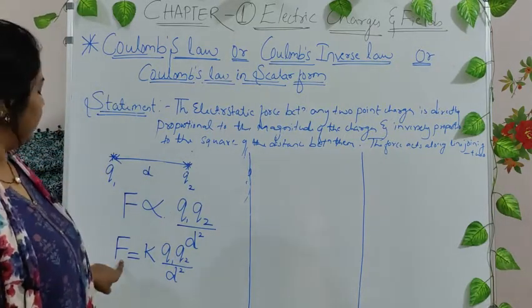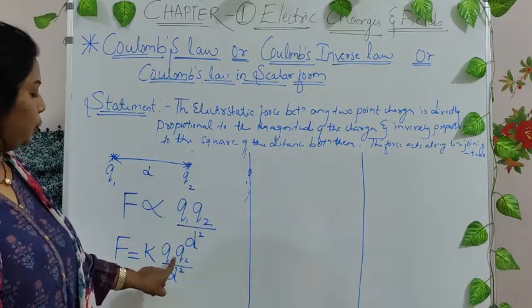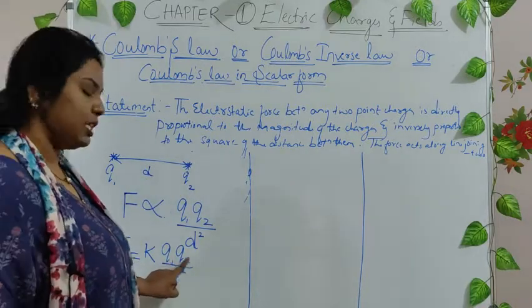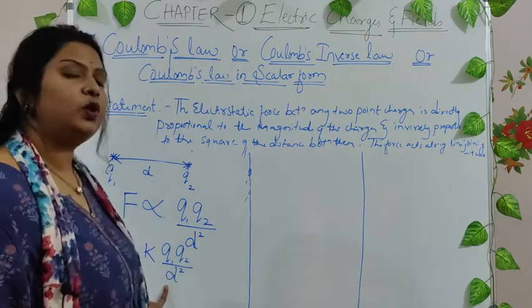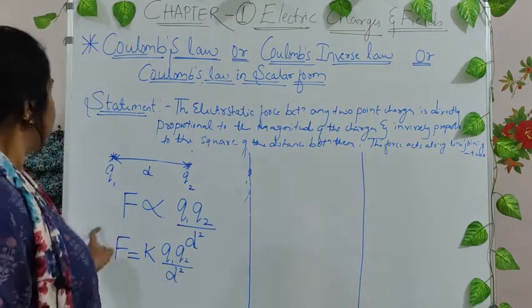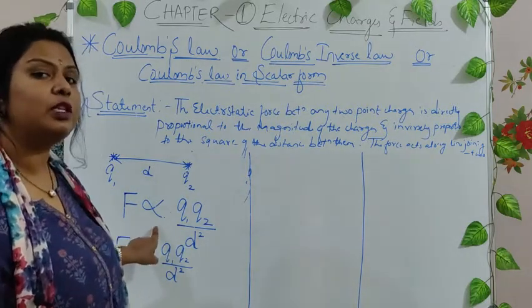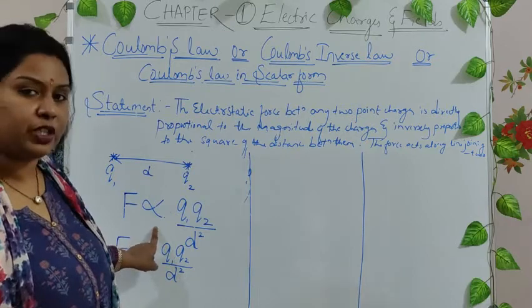The electrostatic force between any two charges is directly proportional to the magnitude of the charges and inversely proportional to the square of the distance between them. And this equation is called Coulomb's law, or the electrostatic force equation.